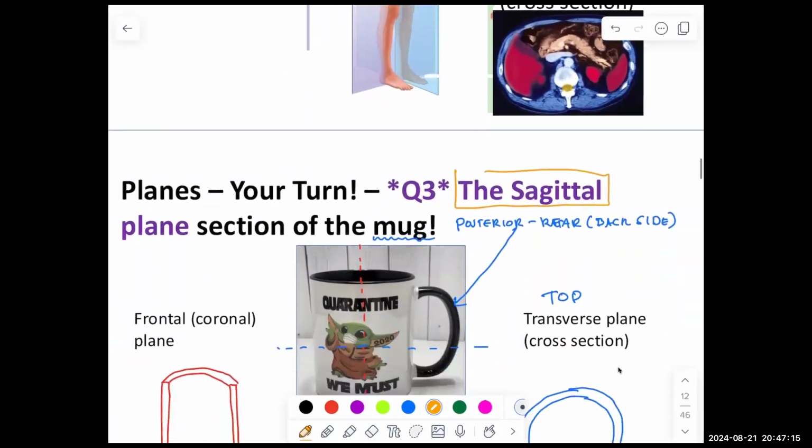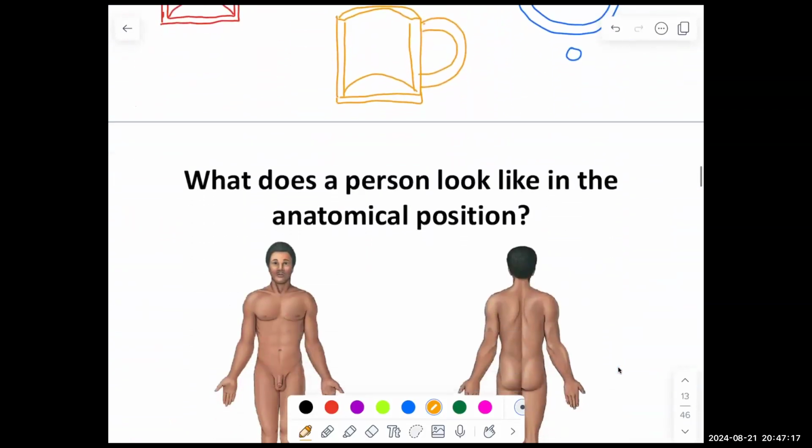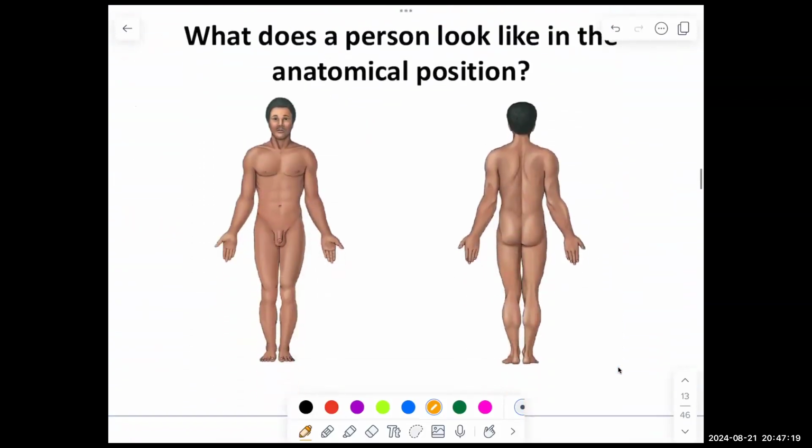Okay. Anatomical position is important. This is what a person looks like in anatomical position. Cannot emphasize that enough. Look at the way that they face forward, palms forward, tippy toes forward, no more than shoulder width apart.